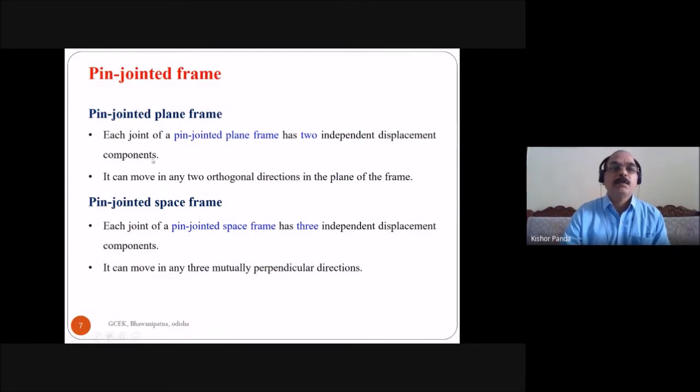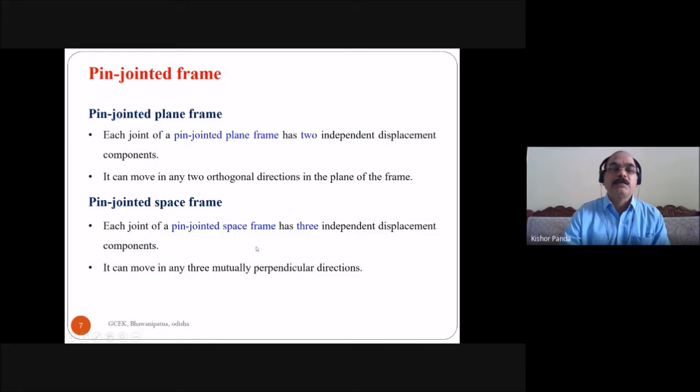Similarly, in the case of a pin jointed space frame, each joint has three independent displacement components. Means the joint can move in three mutually perpendicular directions, x, y, and z.